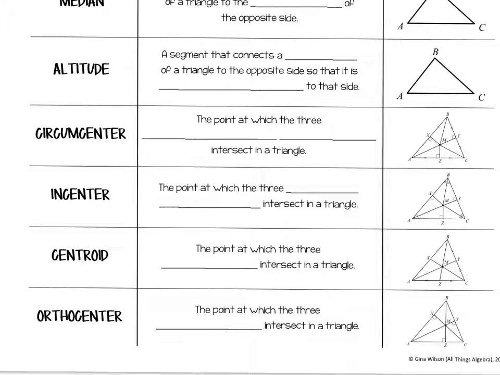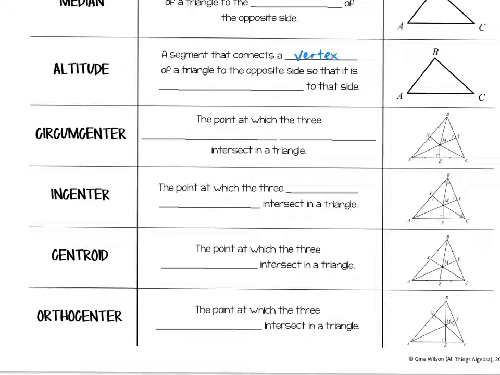Next, altitude. This one people sometimes struggle with. Conceptually, an altitude is simply a segment that connects a vertex of a triangle to the opposite side so that it's perpendicular. Unlike the median, it doesn't connect to the midpoint.